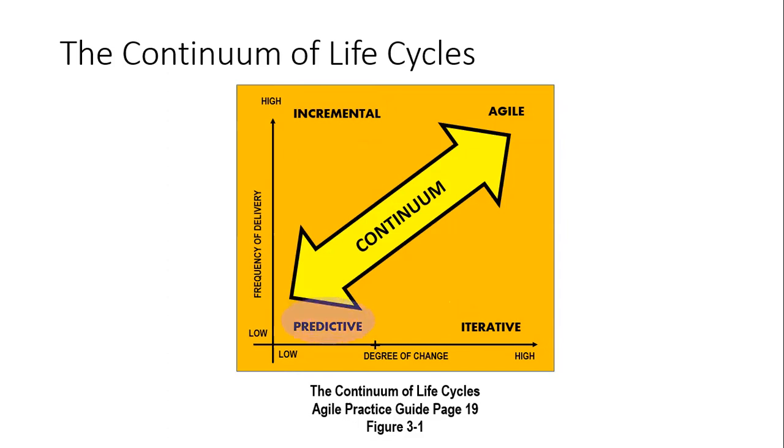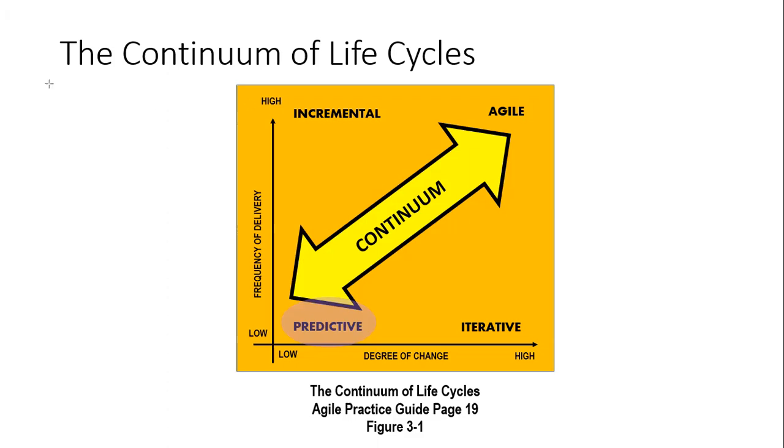Predictive, this should be easy to understand. It means you can largely predict the outcome of the project, and as a result of great planning, you should be able to get to your goal by using a plan-driven approach. You plan it out. But this is when the frequency of delivery is low.